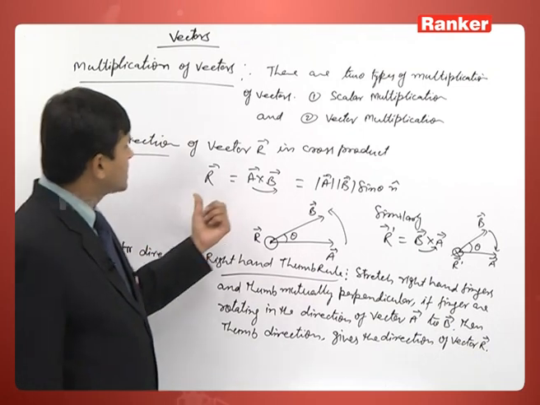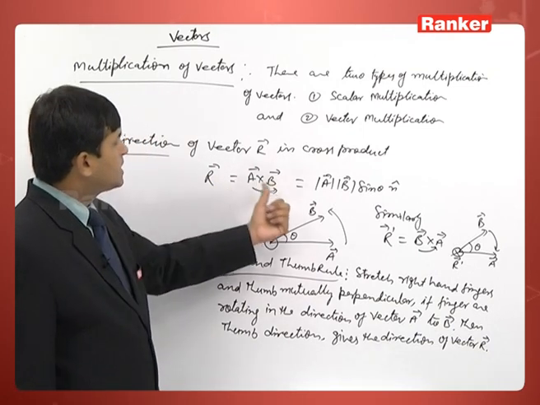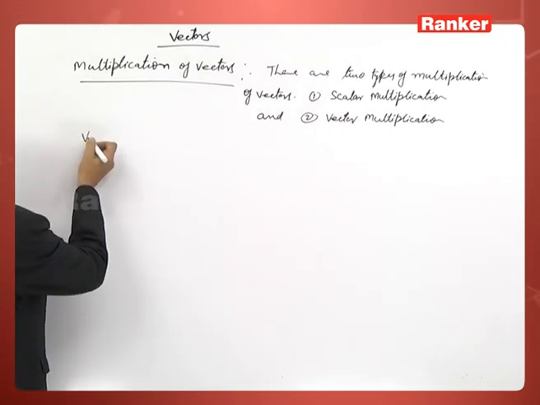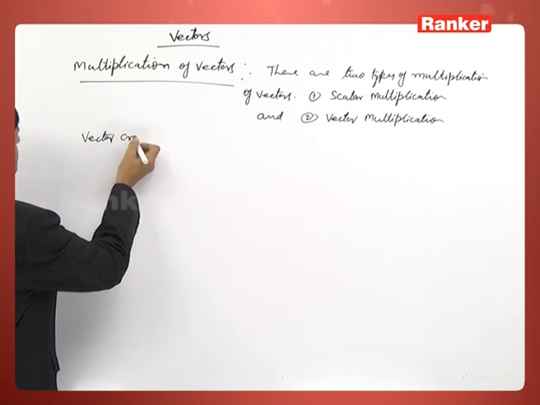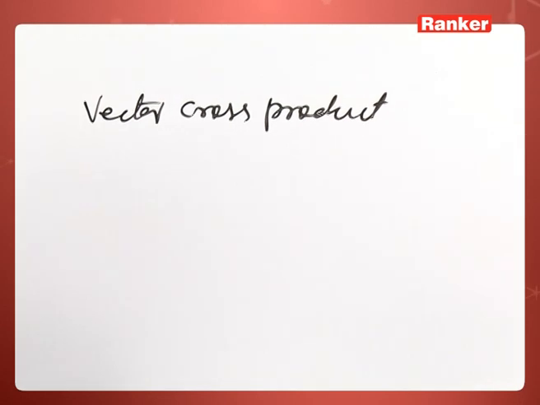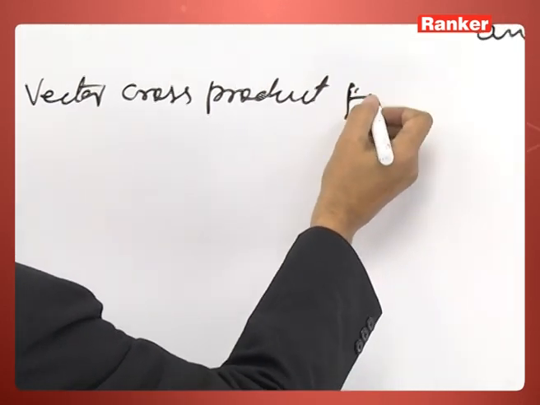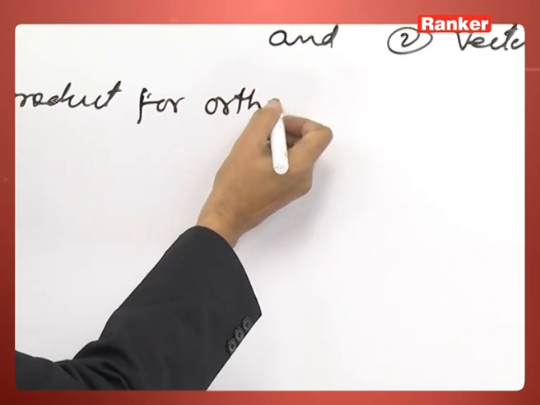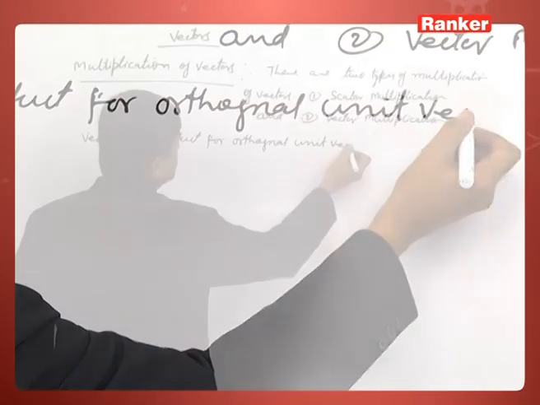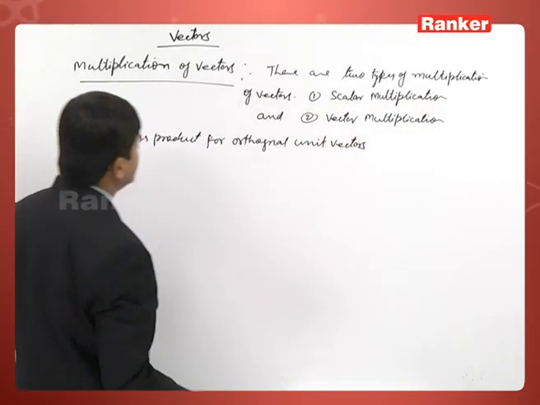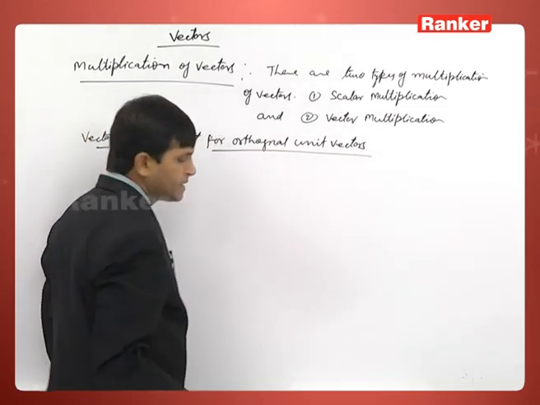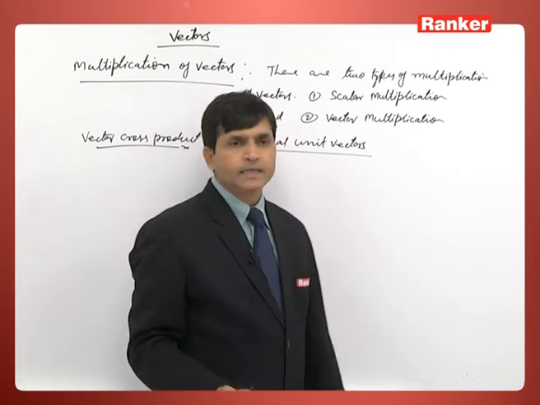See how we can use the vector cross product in the case of orthogonal unit vectors. Orthogonal unit vectors means we have i, j and k cap.